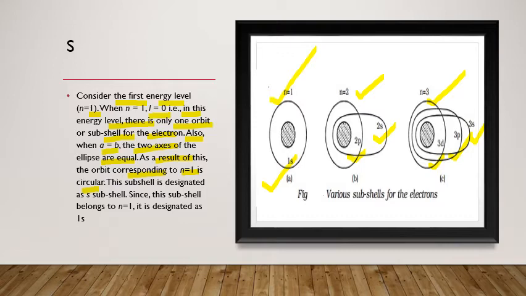So, depending on the energy level, we have the different subshells and the suborbits on the basis of the circular and the elliptical path. The suborbits have the same energy, but a slight difference in the angular momentum of the electron in the elliptical orbit.